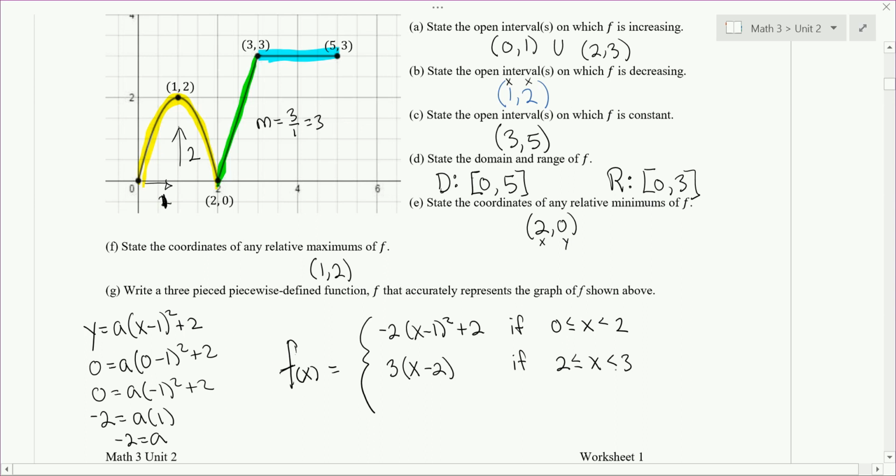And lastly, we have the constant line y equals 3, and that's if x is between 3 and 5.